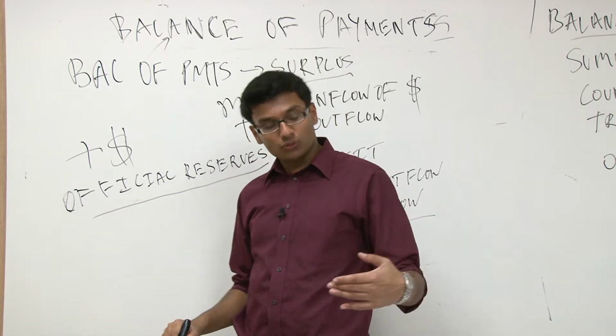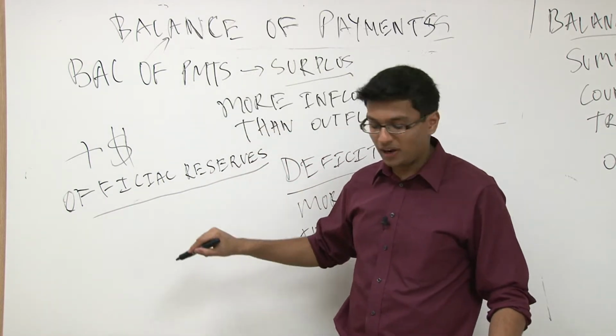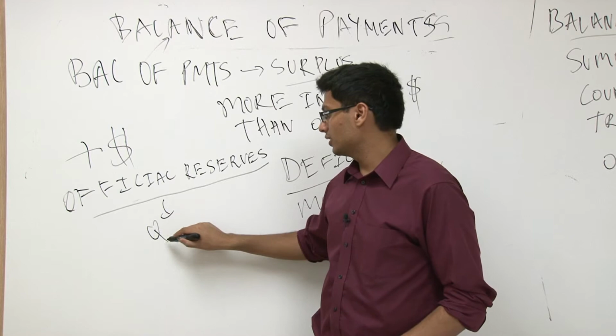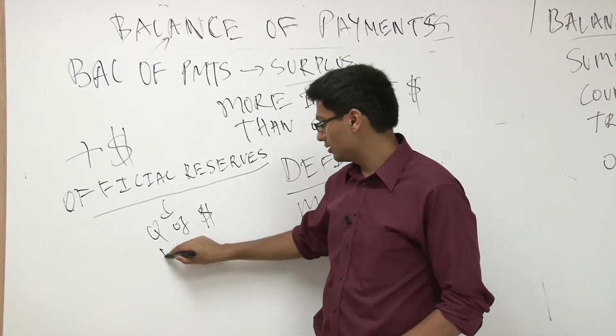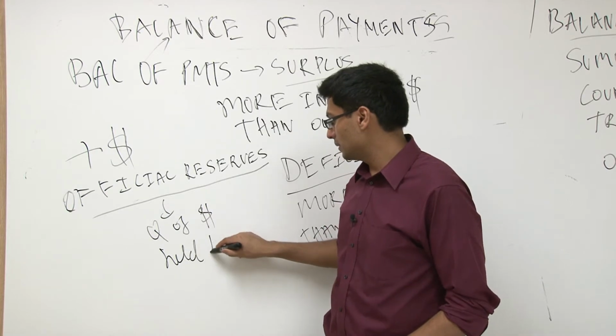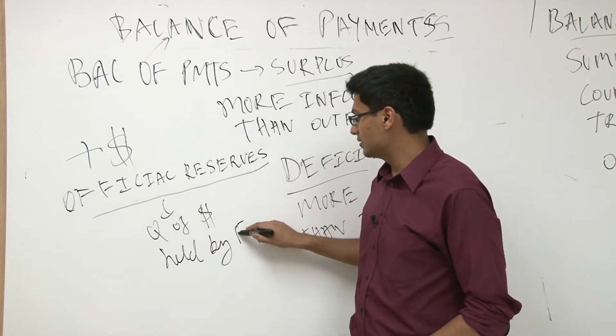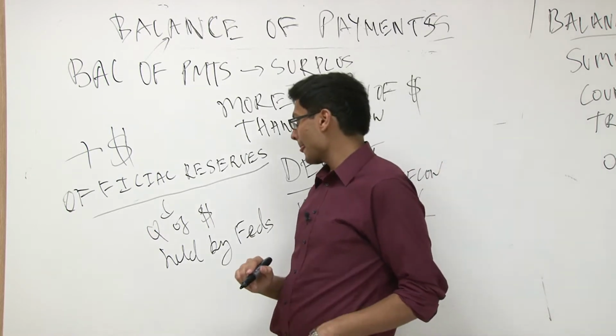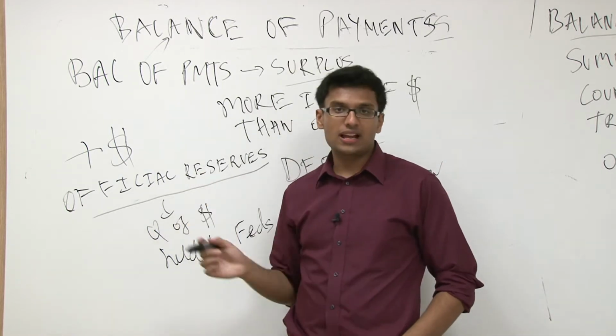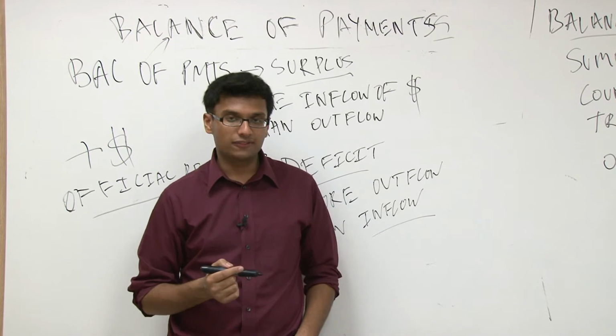Official reserves basically is the quantity of money, Q of money, held by the feds. In the US case, these are the monetary authority, okay? So this is the money that the country has. The United States in this case is held by the feds, right?